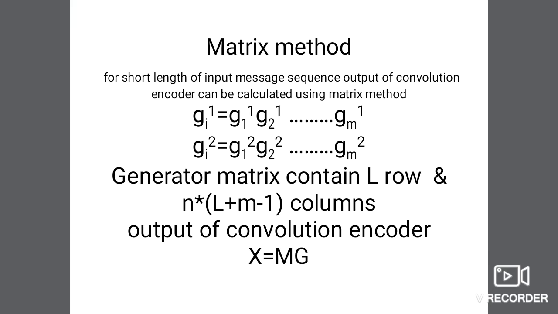The generator matrix contains L rows and n multiplied by (L plus m minus 1) columns, and we can generate the output of the convolution encoder as in the cyclic code method: x is equal to mG, where m is the message sequence represented as the matrix m1, m2, m3, m4 up to m_L. L is the length of the message.